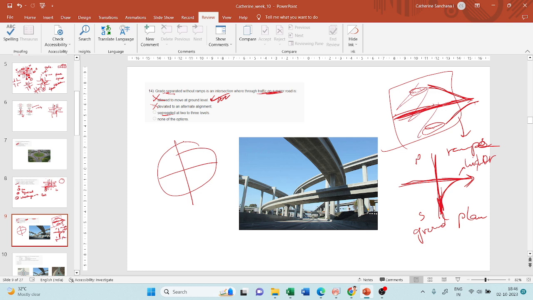It can be in two levels or three levels, like this, right? Or one is at the ground level, one just above that, and one above that, so it is actually four levels. So it is segregated at two or three levels. This is the correct option.